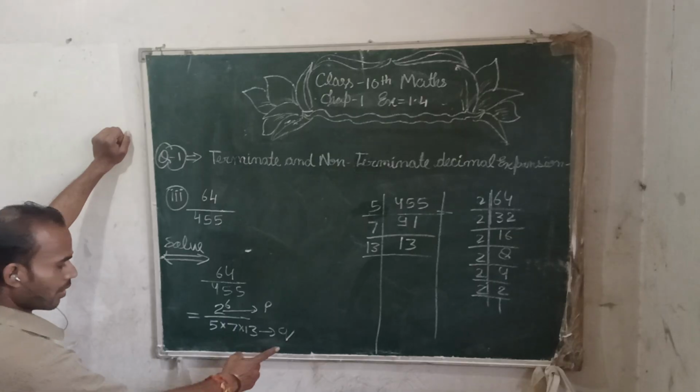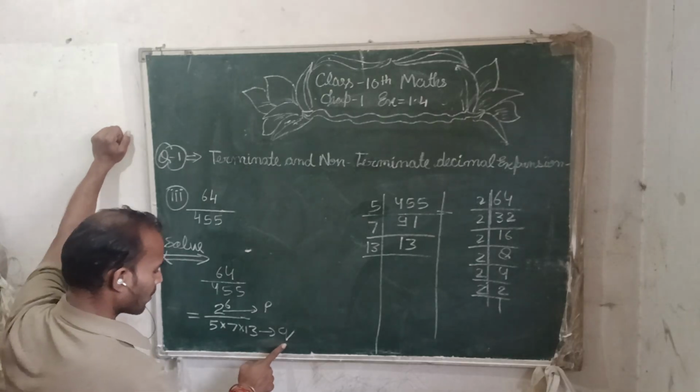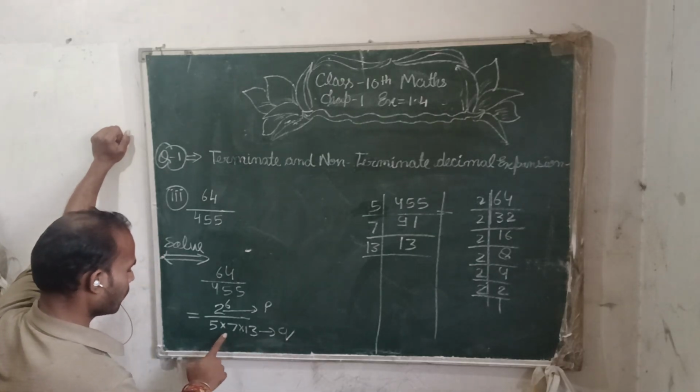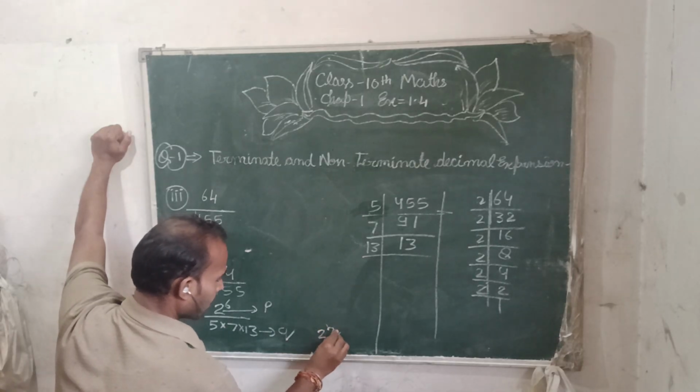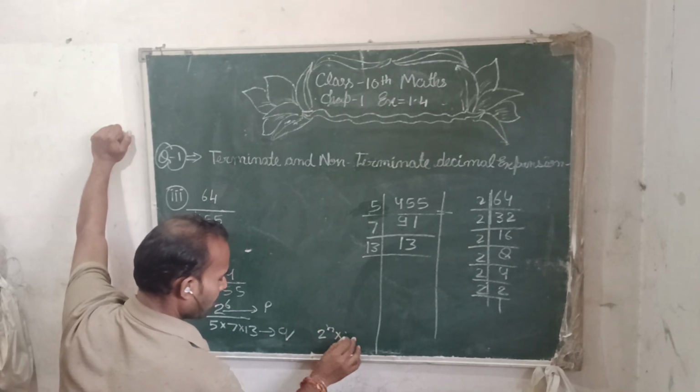Now see here, is q of the form 2 to the power n into 5 to the power m?